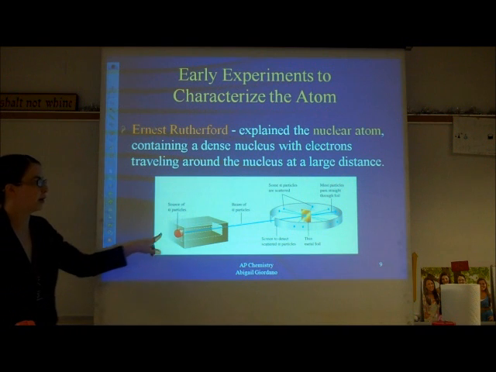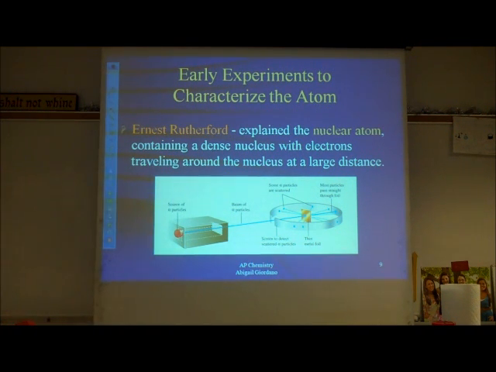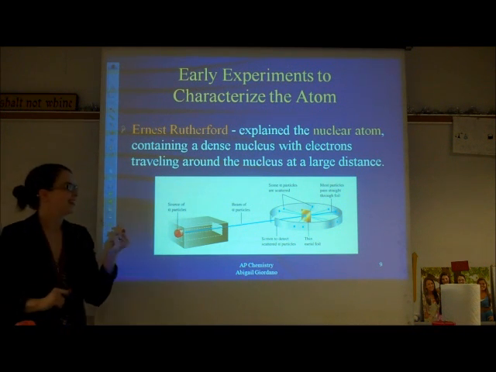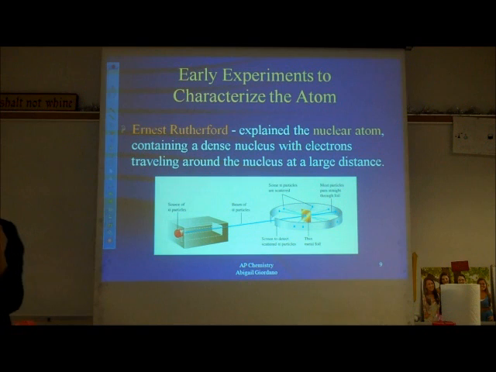Some of these alpha particles, however, bounced straight back. What are these alpha particles hitting? Other positive particles. Okay, be more specific. Positive gold particles. Protons! Thank you! The protons in the gold atoms. How come it repelled like that?